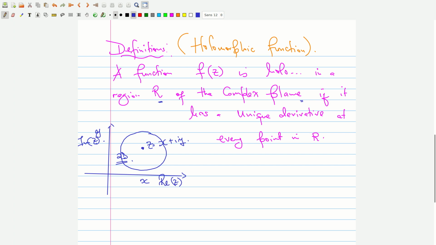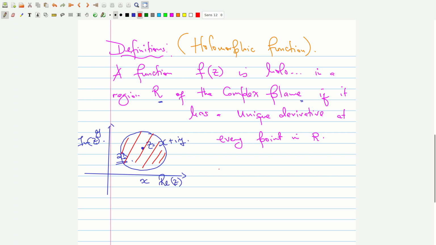So we would say that f of z here is holomorphic if, within this region of interest, a circle of a certain radius, it has a unique derivative at every point in R.